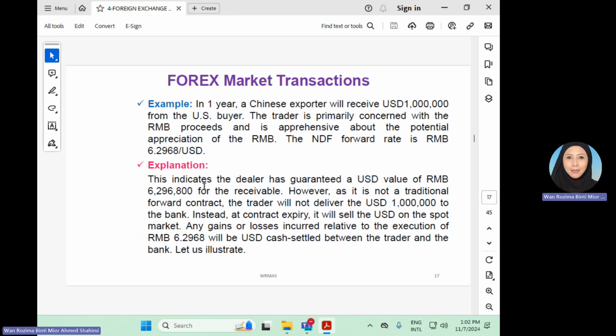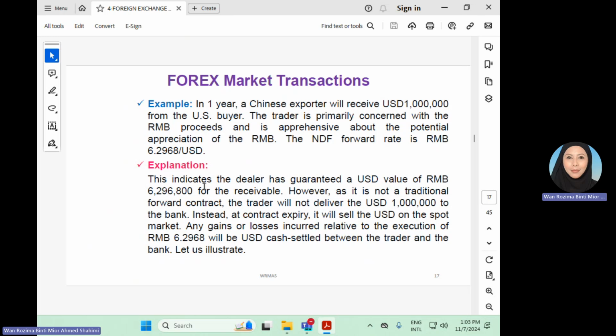The NDF forward rate is renminbi 6.2968 against USD. So the official currency is called renminbi, but the unit is what we call yuan. Or like pounds and sterling, actually they are the same thing. It's just the official name versus the unit that we call.